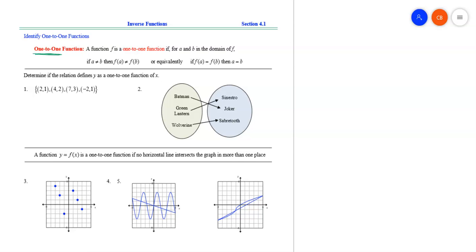And so the definition here as it's given, it can look maybe a little bit cryptic, this thing about the a's and the b's, but why don't we just break down what it's talking about here with the one-to-one functions.